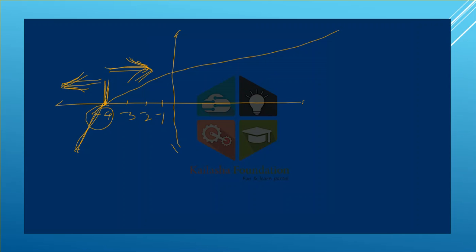Now we see another graph here. It is 2, it is 5. So this is g(x) and this is f(x). Okay, so we can say g(2) is equal to f(2).